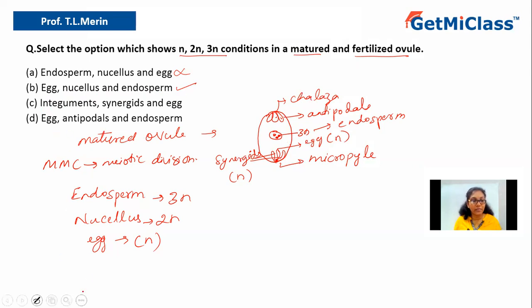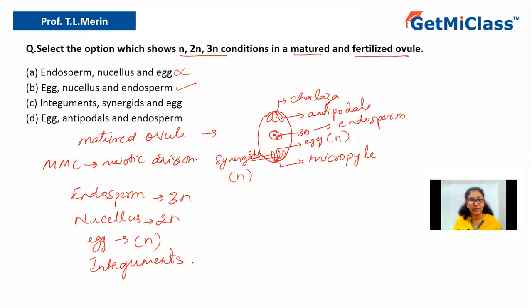It says integuments. What are integuments? Integuments are the outer covering; there will be 2-3 layers of tissue which will be protecting this entire structure. They enclose the nucellus as well as, in the center, the embryo sac. These layers are diploid in nature because they are formed by the vegetative cells.